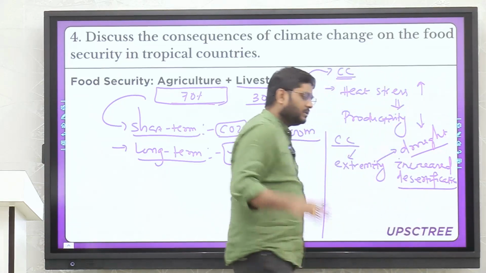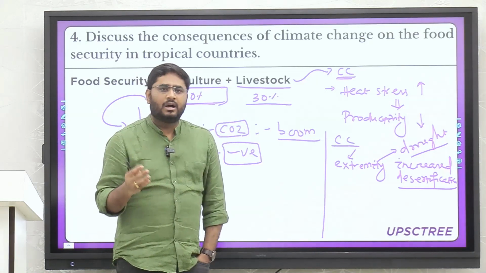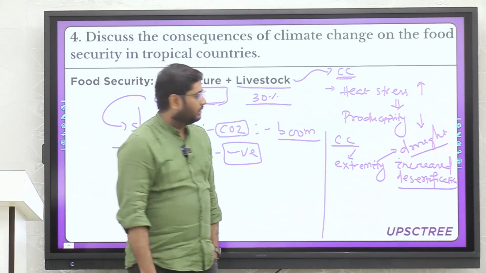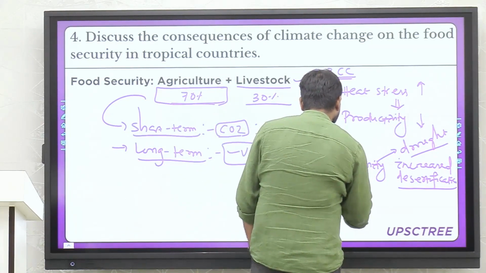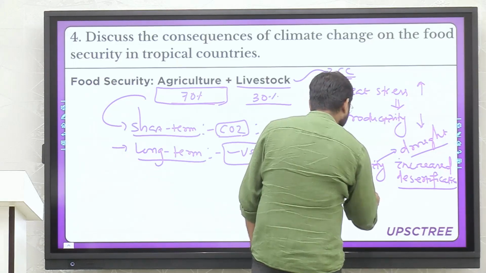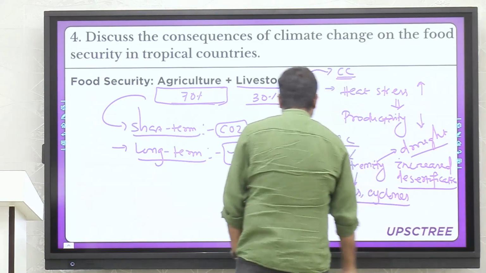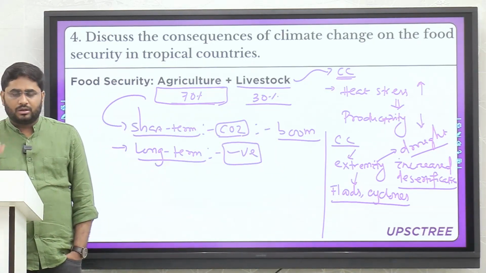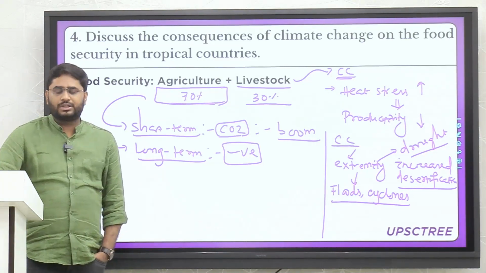That means some part of the world and some part of India will see deserts taking over those areas, and other extremities are floods and cyclones. Frequent cyclones and floods obviously will devastate the crops, and will have a bad impact on the livelihood security of people as well as food security.